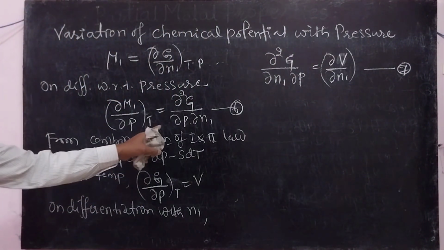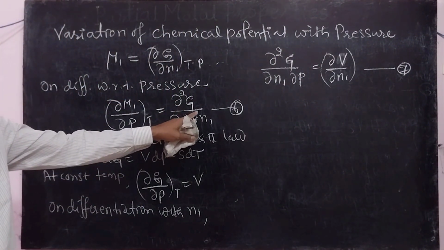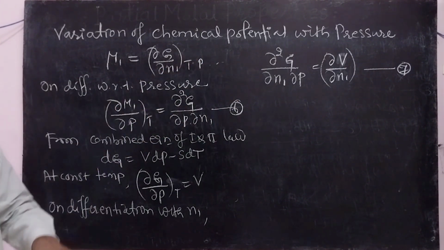That is, the right hand side of equation 6 is equal to the left hand side of equation 7.